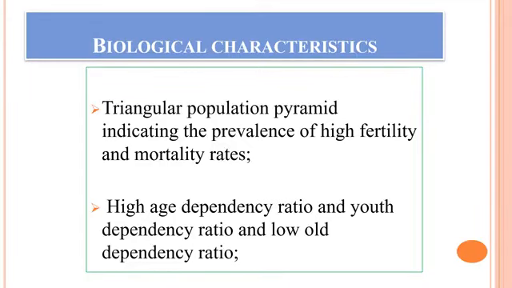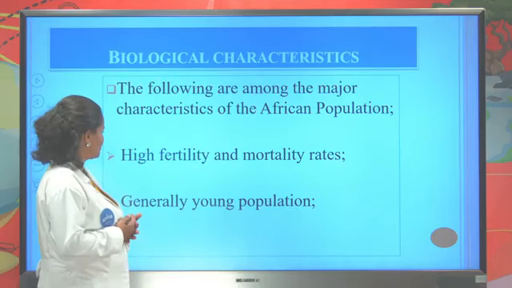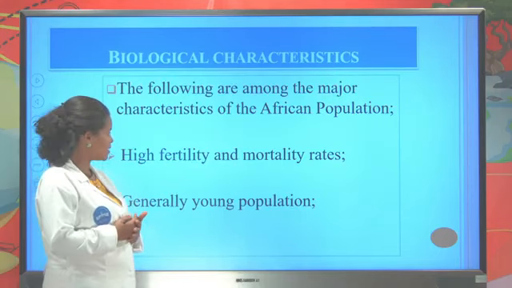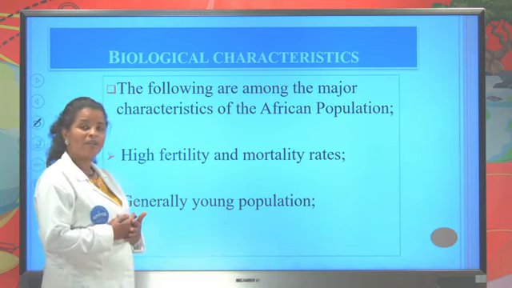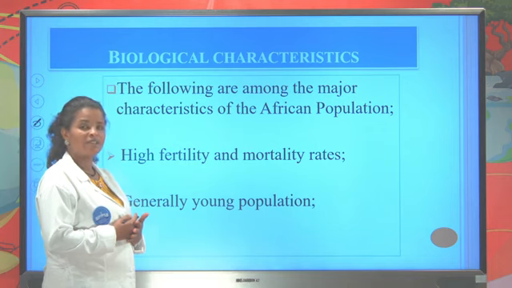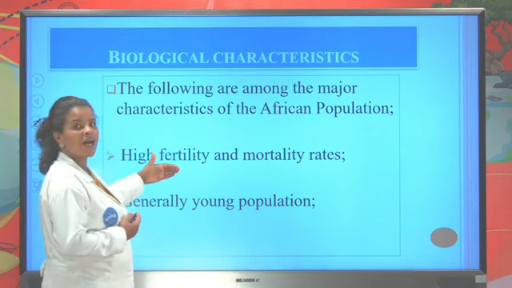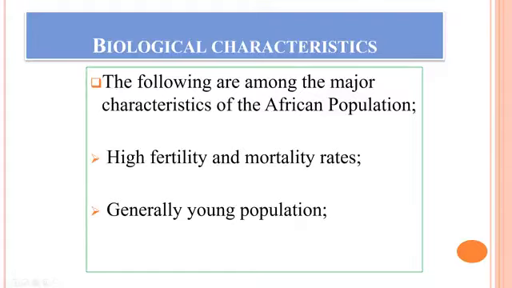Let us see the major characteristics of the African population. As you have seen in the above lesson, the African population is dominated by a low median age, a young age group. It has a high fertility rate, and it has a high mortality rate.